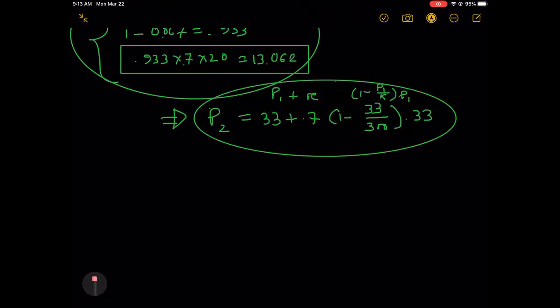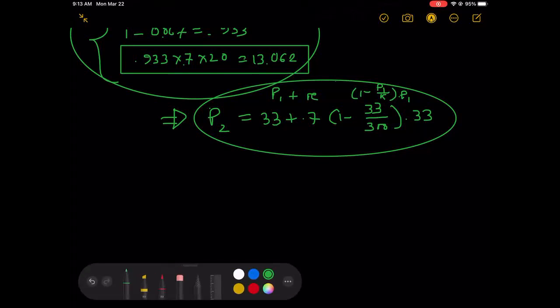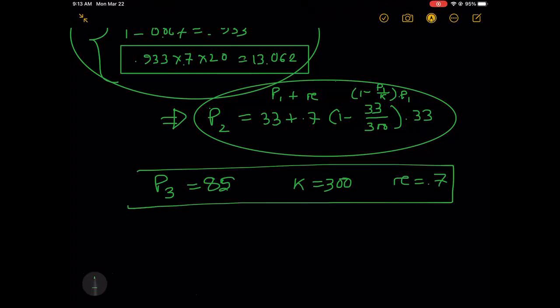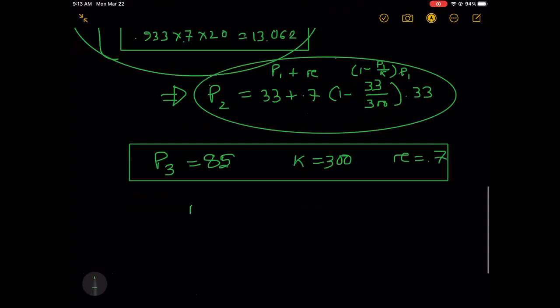Okay, now let's do it this way. You have P3. Let me give you the data for P3. P3 is, I have the answer, 85. K is 300, of course, and R is 0.7. So using this information, calculate P4 for me.